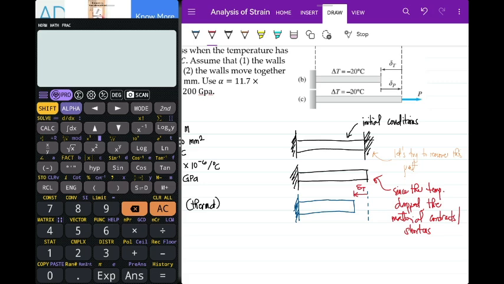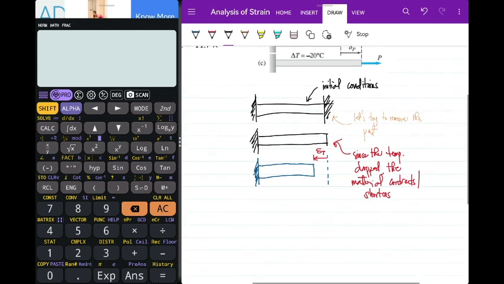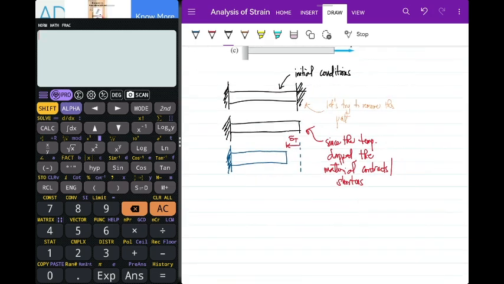So the material now shortens. As observed, the thermal elongation is illustrated there, showing how the material contracts due to temperature change.